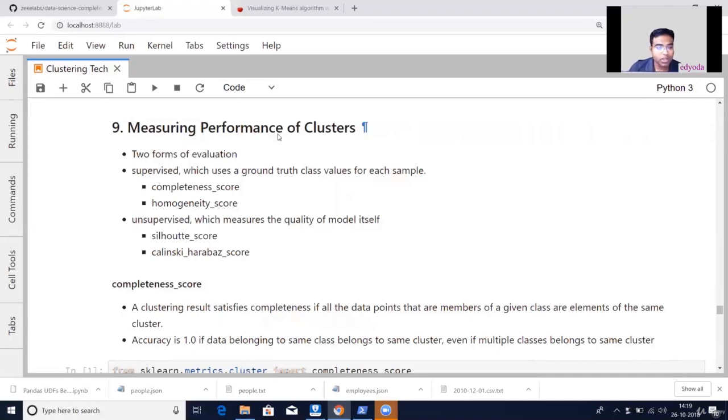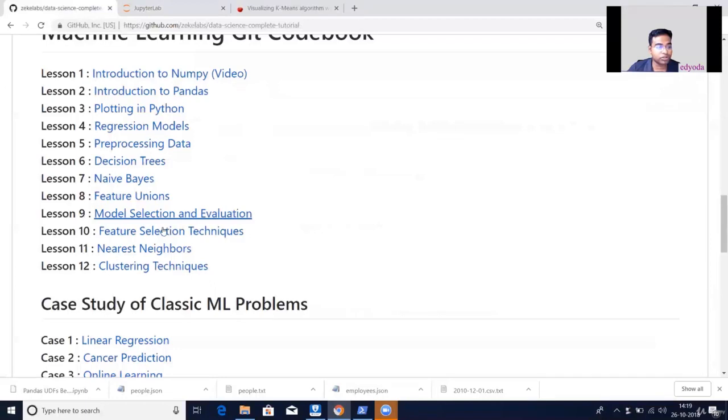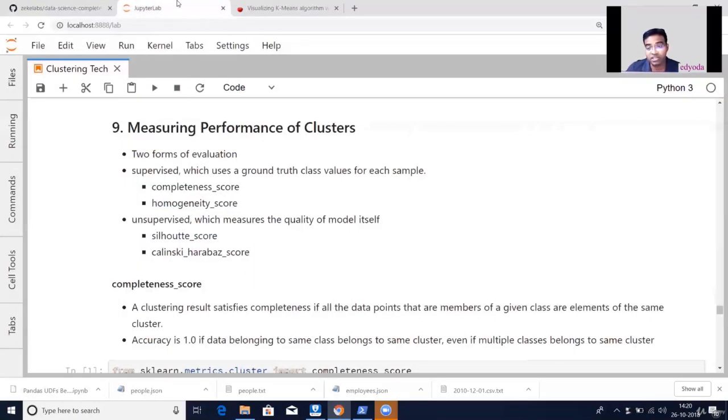The next thing is how to measure performance of clusters. This discussion we have already covered in the model selection and evaluation phase. So you can refer to that video or those notes to understand how you measure the clusters. Once you have created the clusters, you need to use these techniques to understand them.